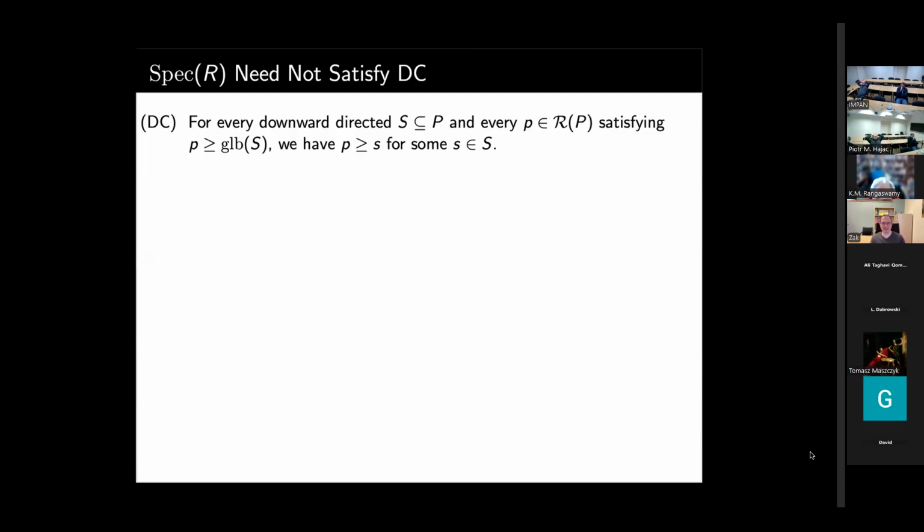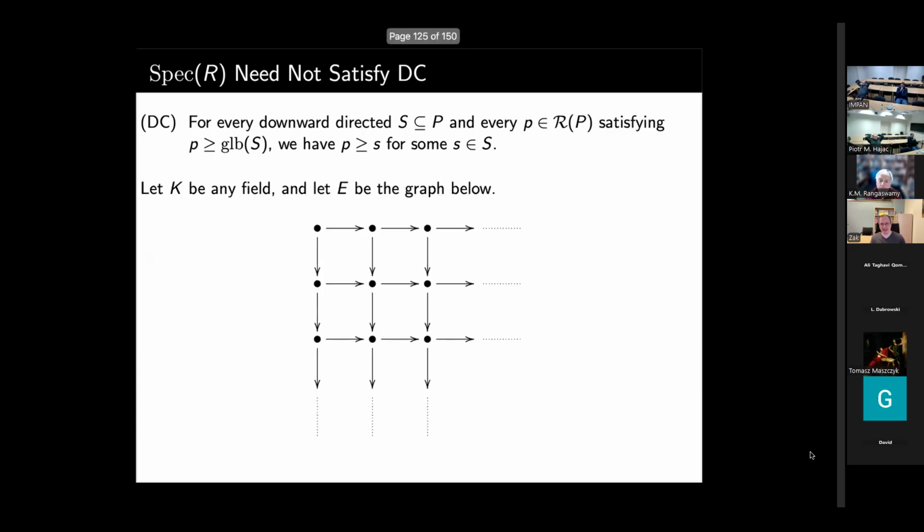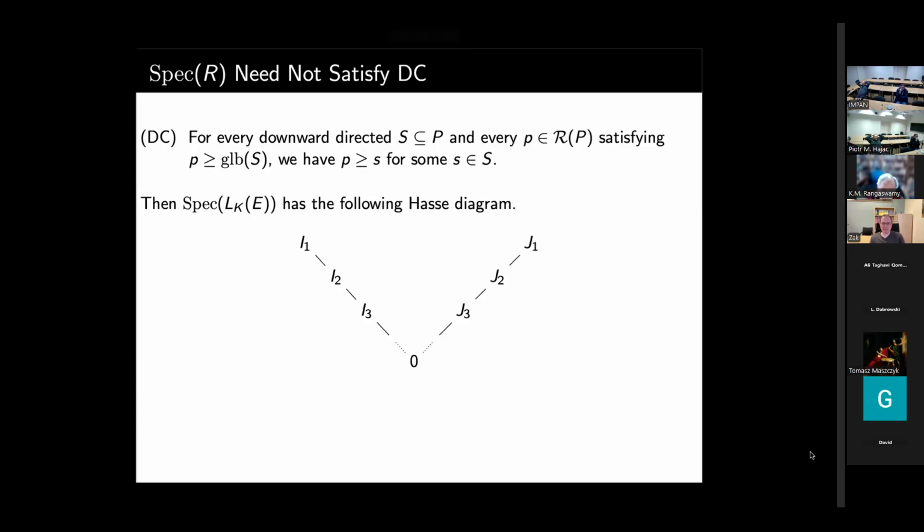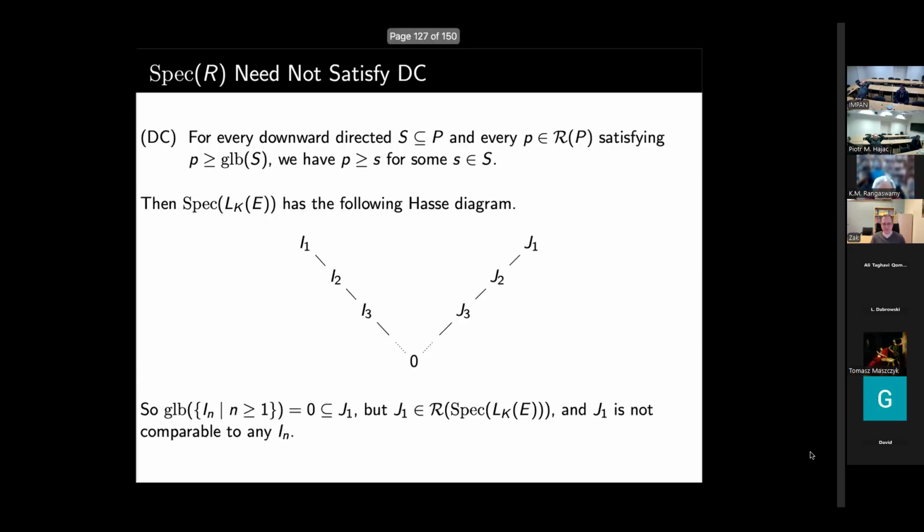There are Leavitt path algebras that don't have this condition. I'm out of time, so I won't go through the details. But if you write down this graph and you look at the Leavitt path algebra of that, the prime spectrum looks like this. There are two chains, and they both have the same greatest lower bound, but otherwise they're incomparable. And so this is an example of a Leavitt path algebra prime spectrum that does not satisfy DC.